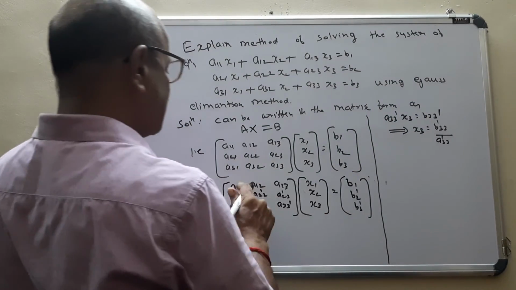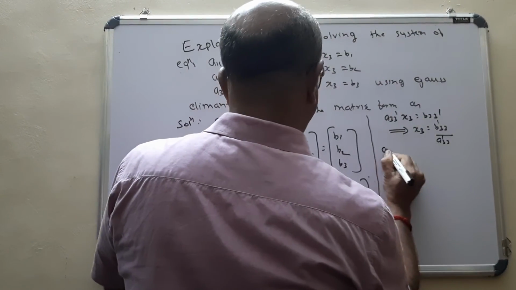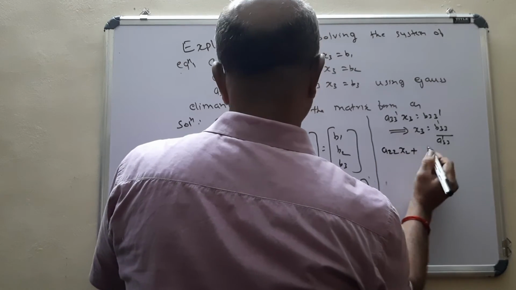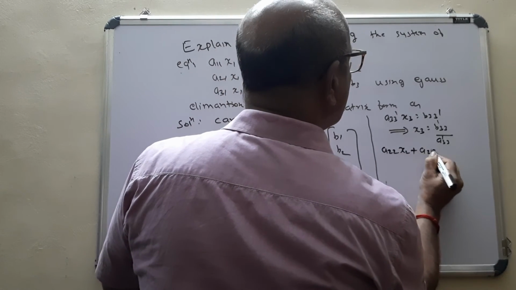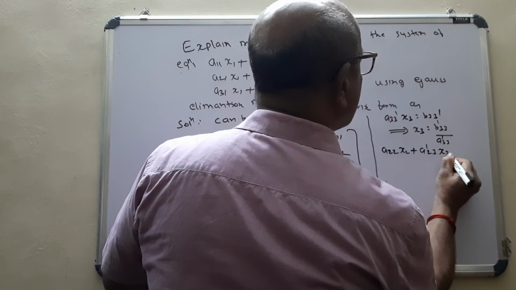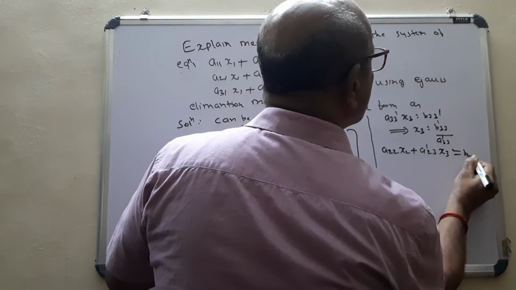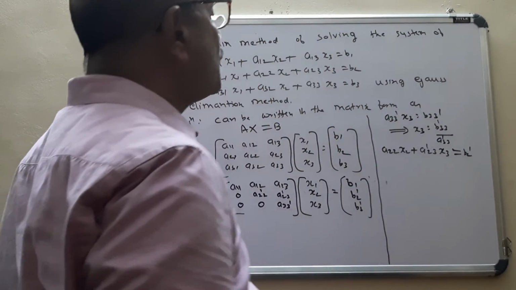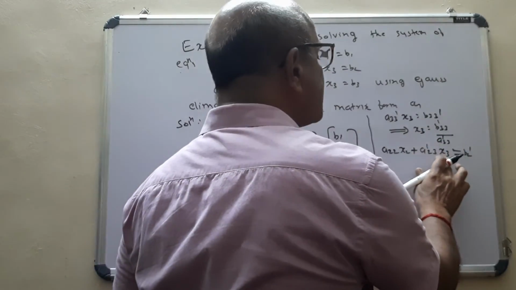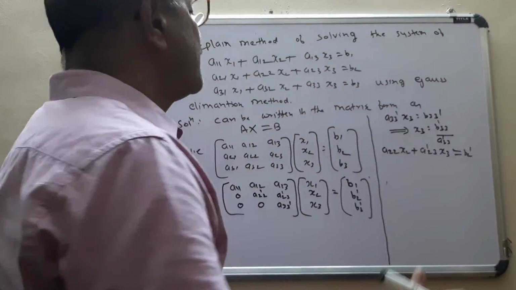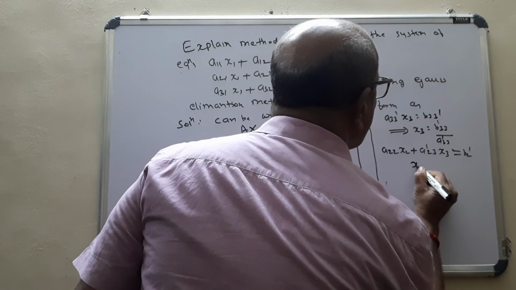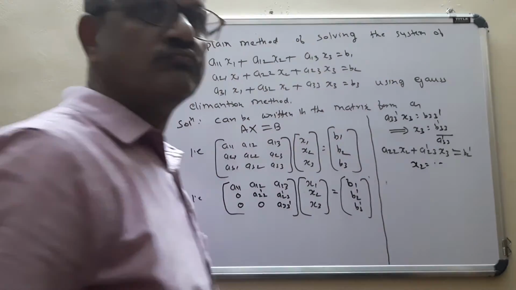Now if you go to the second row backward, that is A22 dash x2 plus A23 dash x3 is equal to B2 dash, and here you already know the value of x3. Substitute, rearrange so that you will get the value of x2.